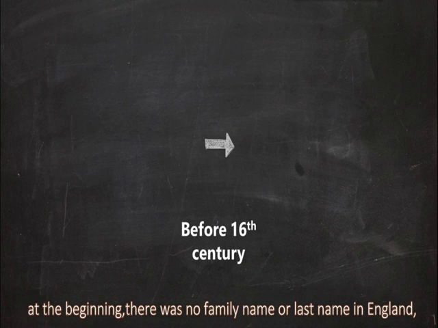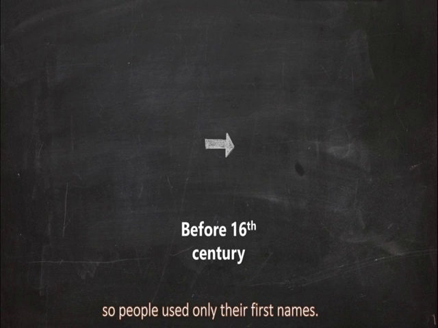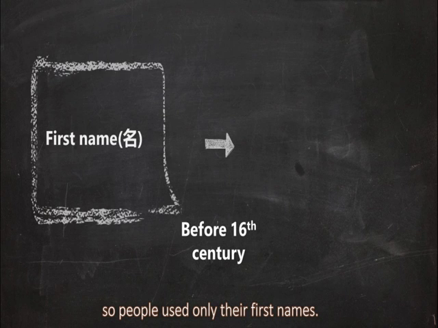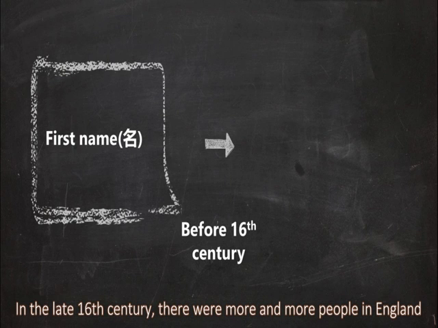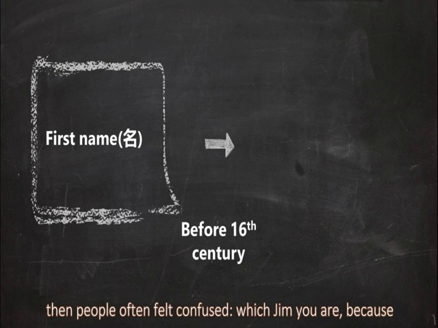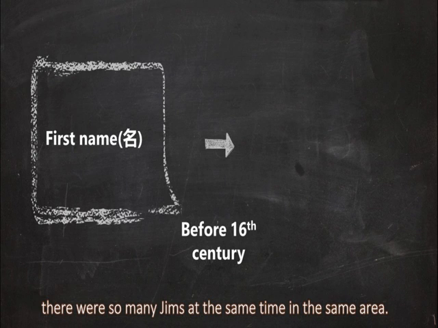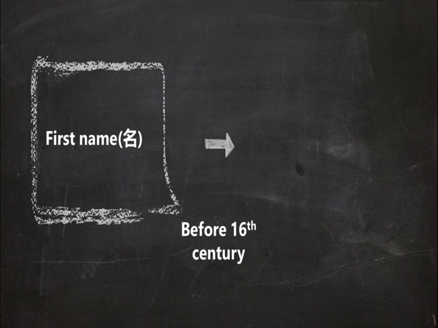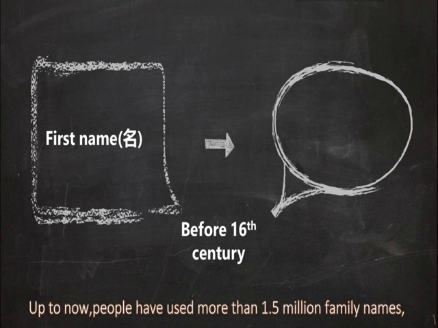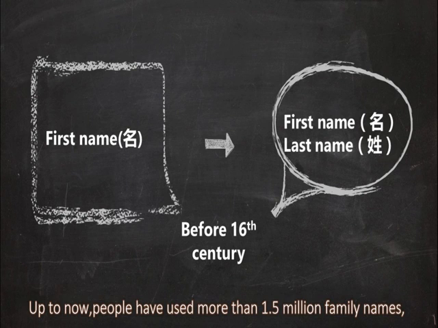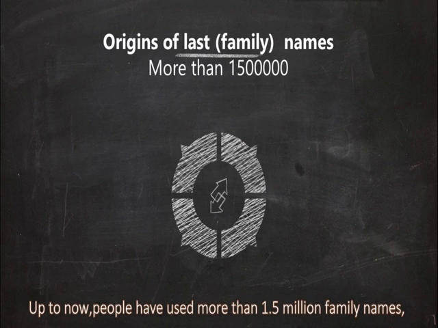You know, at the beginning, there was no family name or last name in England, so people used only their first names. In the late 16th century, there were more and more people in England. Then people often felt confused about which James you are, because there were so many Jameses at the same time in the same area. Therefore, last names appeared. Up to now, people have used more than 1.5 million family names.